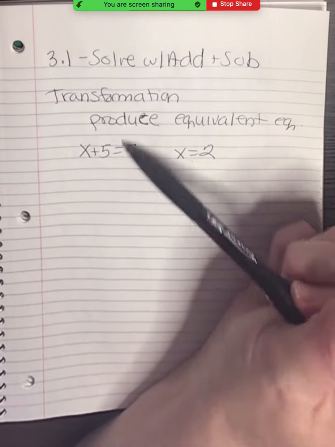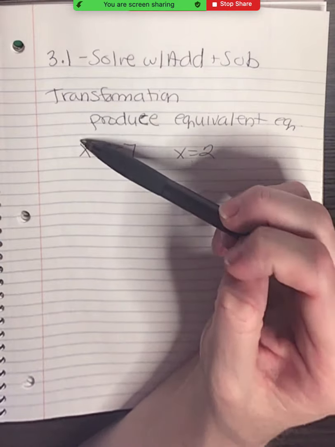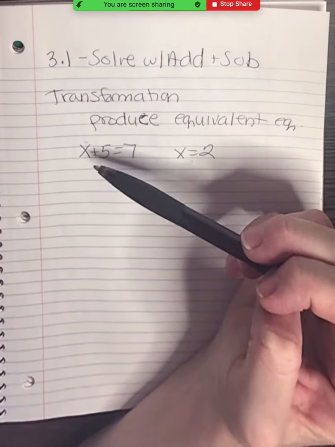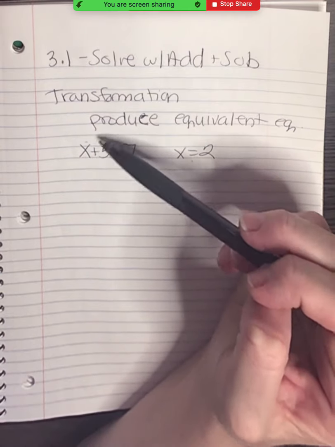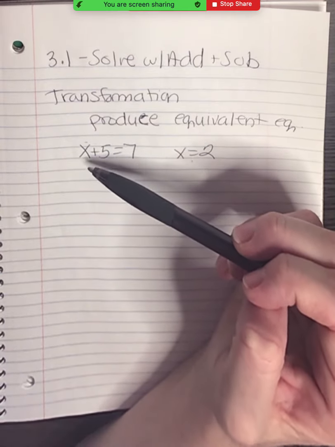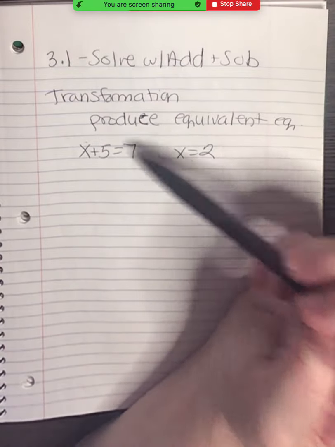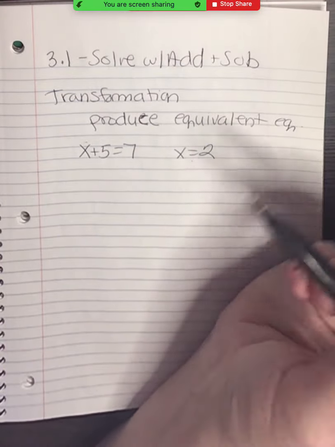Right, because if we look over here, what it's saying is what number plus 5 gives you 7? Well, 5 plus 2 gives me 7. So we can say that x is 2. Okay, and x is 2 over here. So these are equivalent equations.